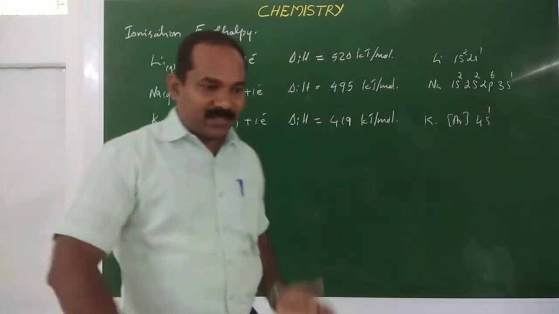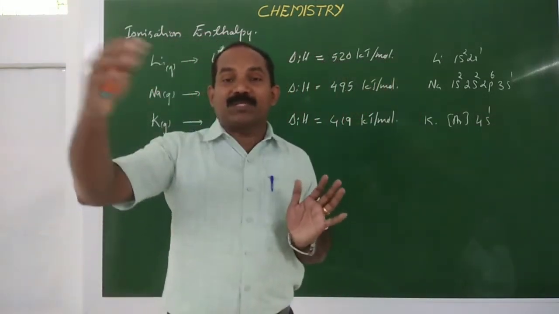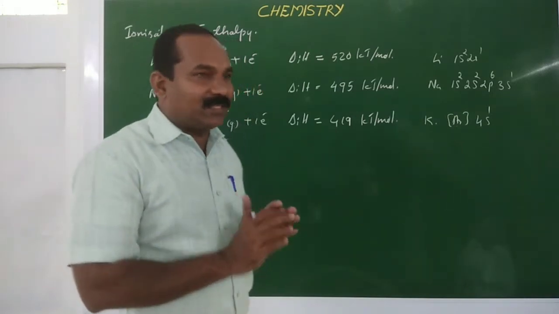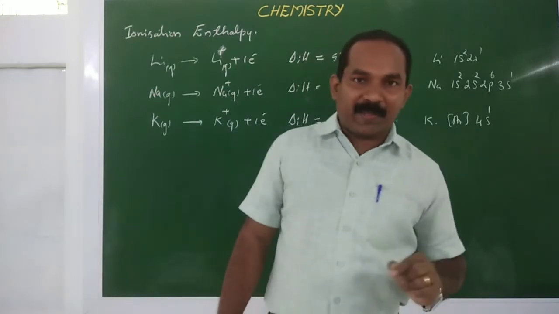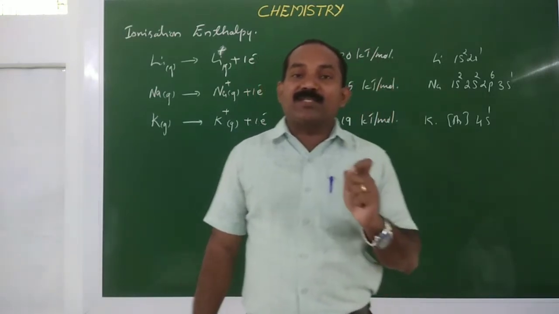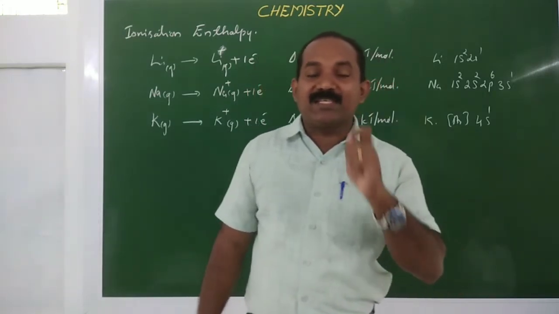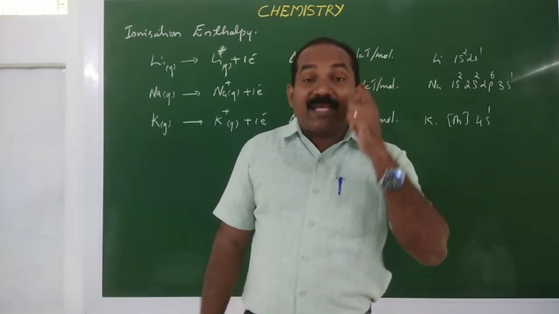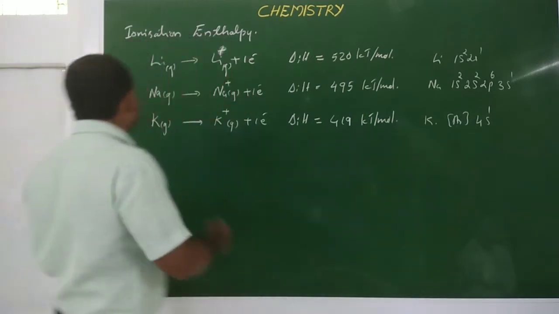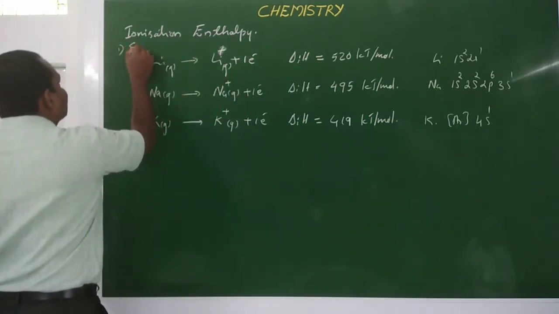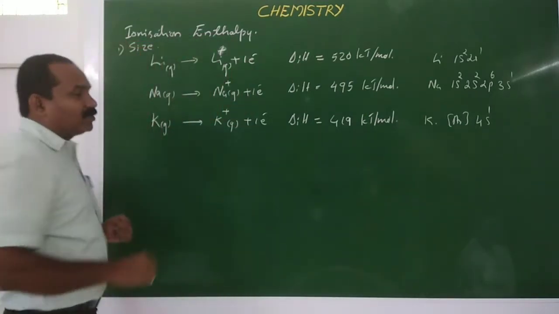What it means is the electron is added to successive shells. So as size increases, ionization enthalpy decreases. That's a very important thing. Remember that.